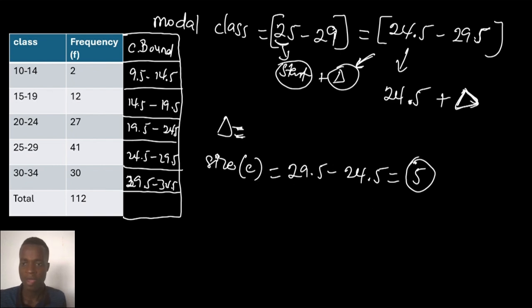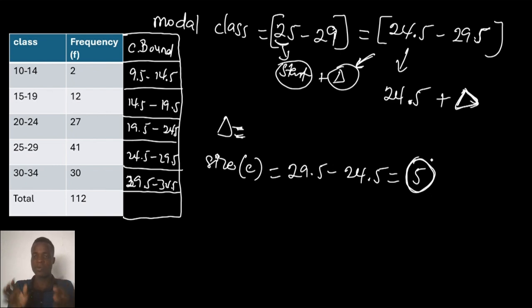So why are we even finding the class size? The entire class from 24.5 to 29.5 is 5. Remember, we are starting with 24.5 and we want to add a particular value to the starting point to get to the actual value that is the mode within the range. But we need to make sure that we don't add something that goes beyond the class, so we need to limit it to the size of the class.